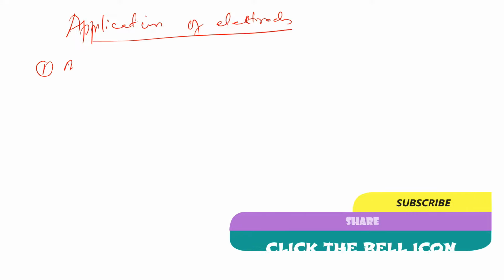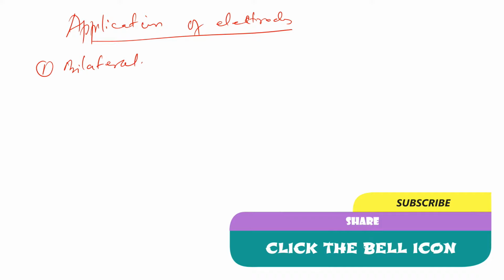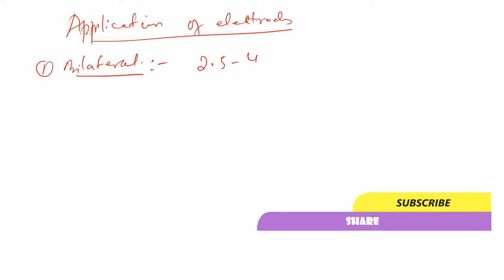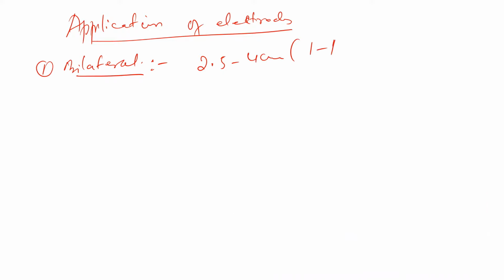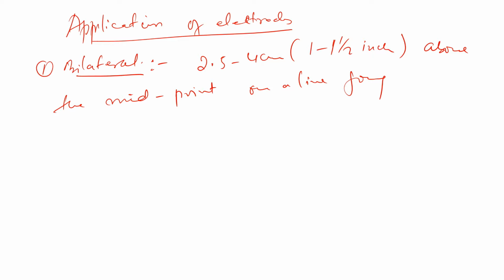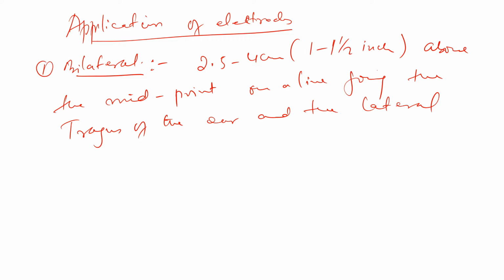In case of bilateral, each electrode is placed about 2.5 to 4 centimeters or 1 to 1.5 inches above the midpoint on a line joining the tragus of the ear and the lateral canthus of the eye.